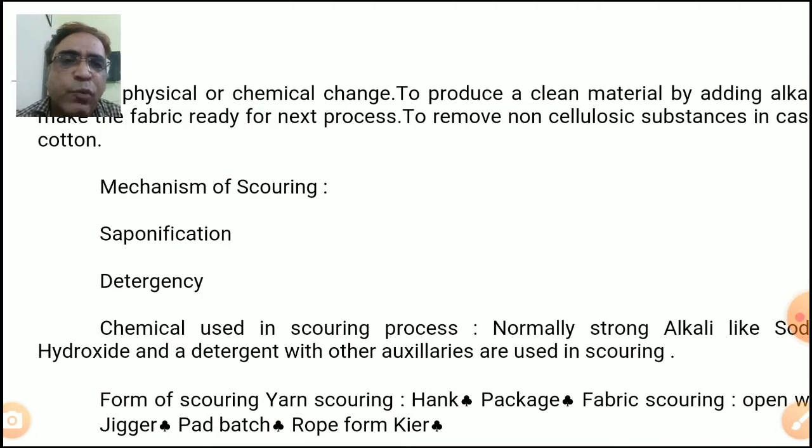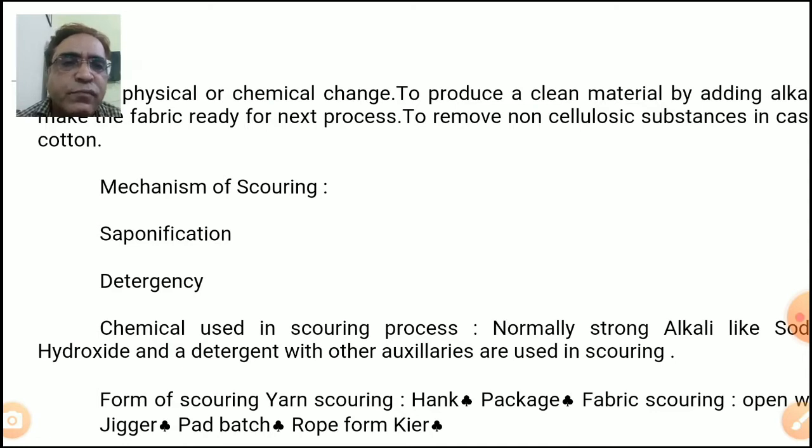So they can deposit again on the fabric. To prevent that, we need a detergent, an auxiliary chemical which stops the deposition of the oils on the fabric again. So saponification, emulsification and detergency, these three sequential steps are carried out in the scouring process.